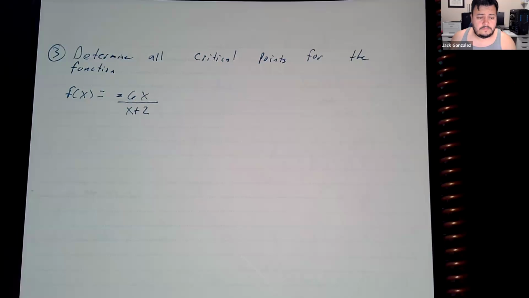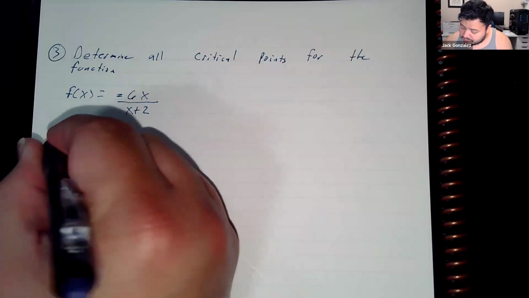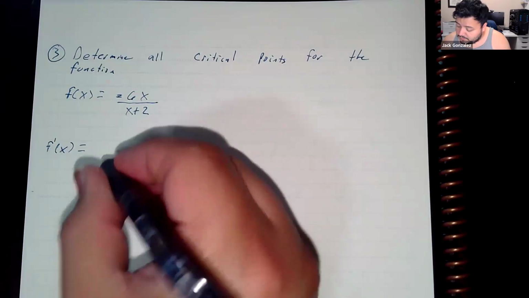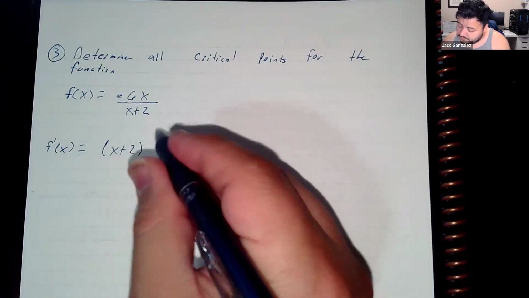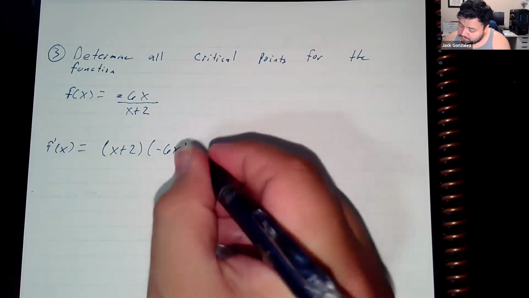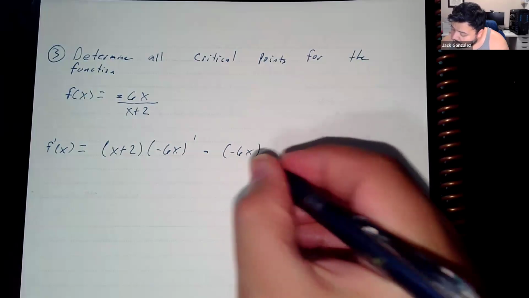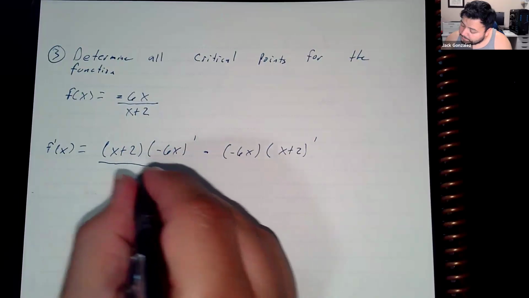We're gonna do a quotient rule. I'm gonna go ahead and do it just for the practice and for the notes. So this will be the bottom times derivative of the top minus the top times derivative of the bottom, over the square of the bottom, right?